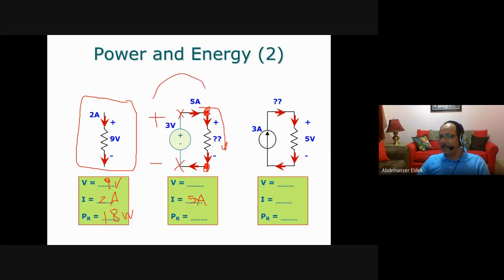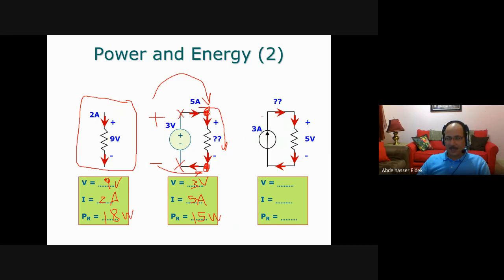This one is connected to this terminal, and this one is connected to this terminal. Then the voltage across this element is 3 volt. So if the voltage is 3 and the current is 5, then the power is 3 times 5, which is 15 watts.